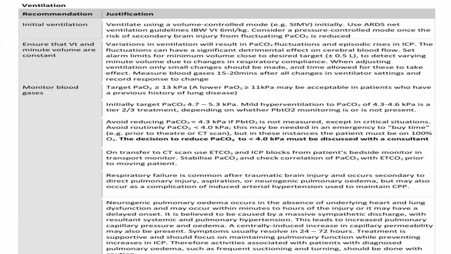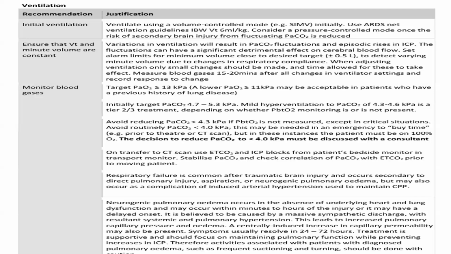So set the alarm limit for minute volume close to the desired target and to detect varying minute volume due to changes in respiratory compliance.